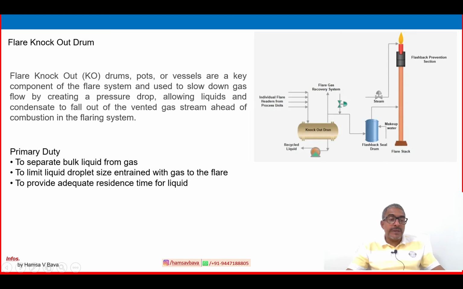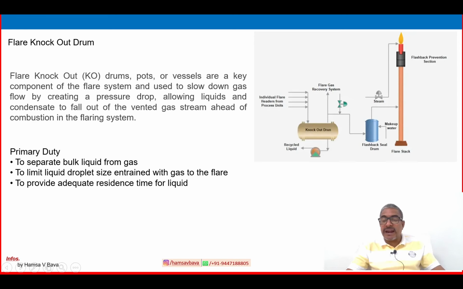Primary duty is to separate bulk liquid from gas, to limit liquid droplet size entrained with the gas to flare, and to provide adequate residence time for liquid. So it will keep the gas here inside for a moment, reducing the pressure a little.